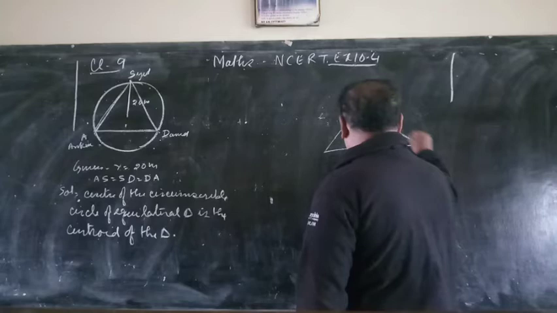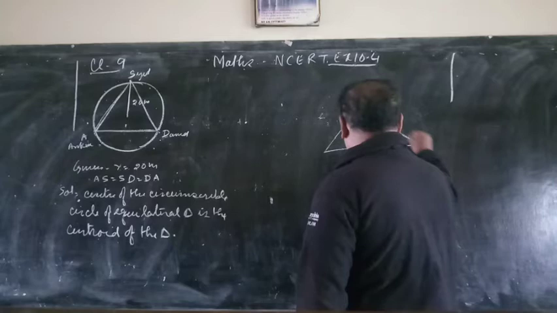AD is altitude on BC, BE is altitude on AC, and CF is altitude on AB. So the meeting point of all the altitudes is known as centroid, and this is known as point of concurrence of all medians, not altitudes. I am correcting myself.